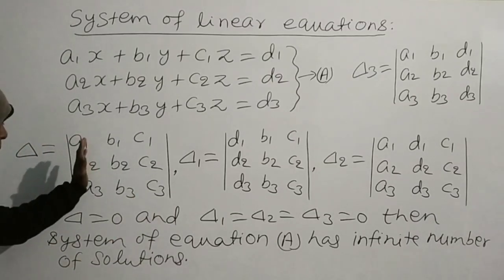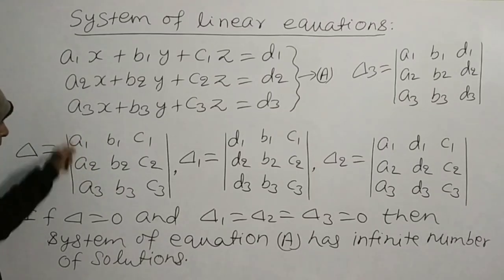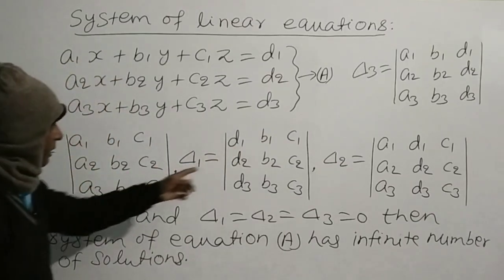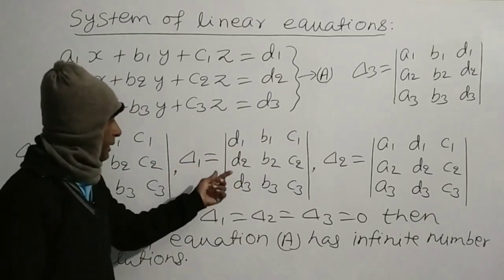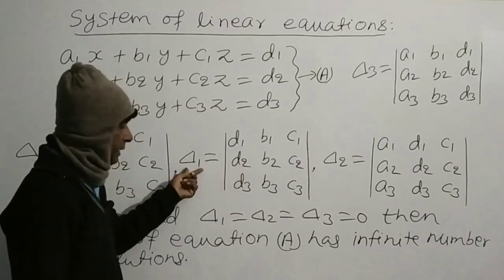Now we remove the first column from this determinant and write D1, D2, D3 here, and call this determinant delta 1.